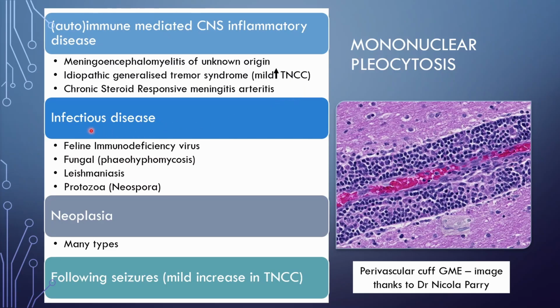And so in many of the infectious diseases, these may be more chronic infections, reported in feline immunodeficiency virus, fungal infections, leishmania, protozoal. You also may see it in MUO, idiopathic generalized tremor syndrome, and actually chronic steroid responsive meningitis arteritis.